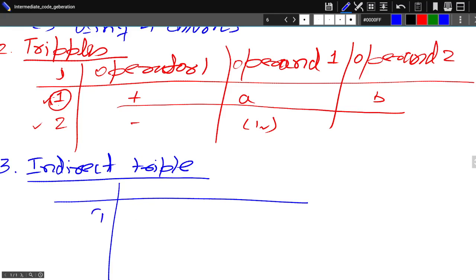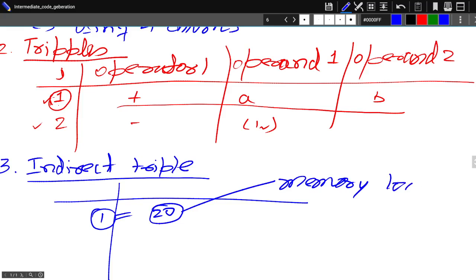Suppose the first is stored at some memory location, and suppose the second is also stored at location 21. So along with the results, we just have the memory location.